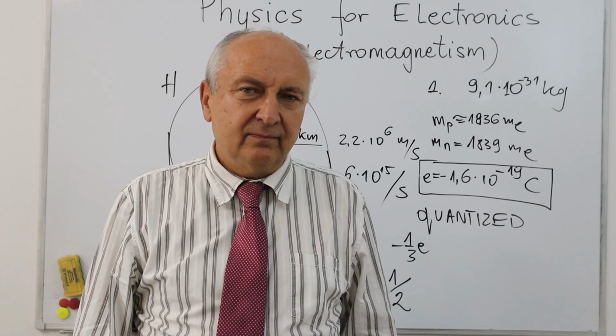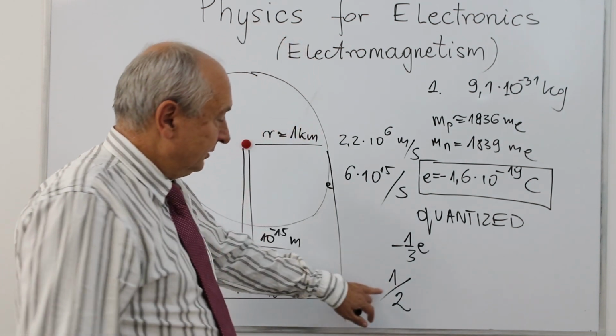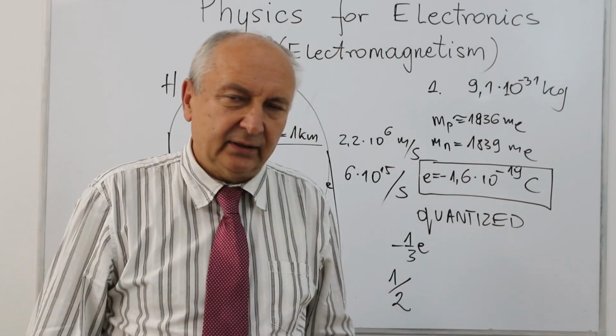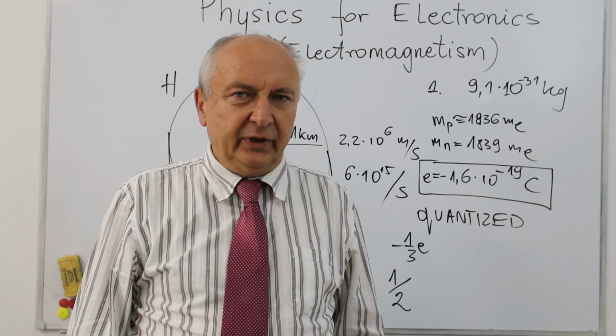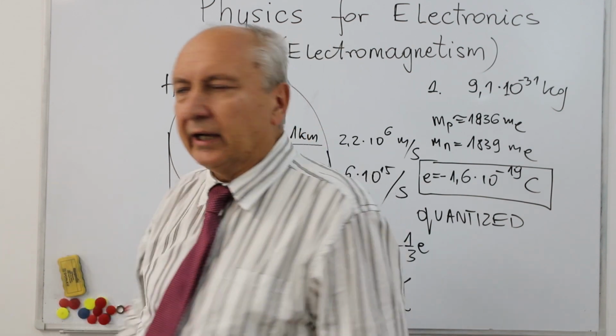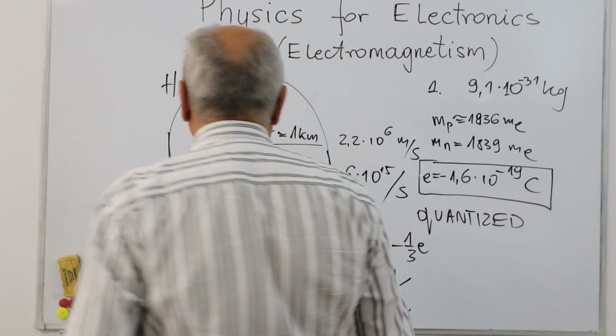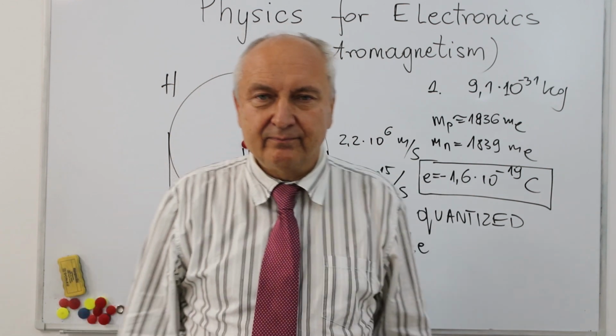For the electron that has spin equal to 1/2, we have to turn the electron two times. So if I were an electron, I should rotate two times to be the same.